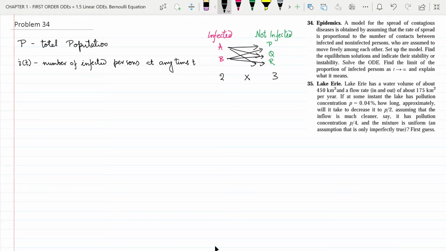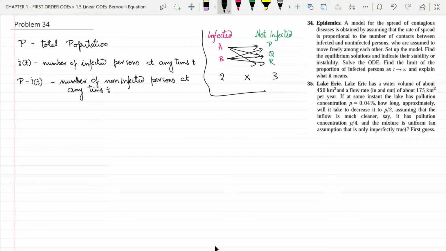So the total number of persons who are not infected is P minus I, because P is the total population and I is the number of infected persons. So now using this same principle, we can say that the number of interactions between the infected persons and non-infected persons is I, this term, multiplied by P minus I.